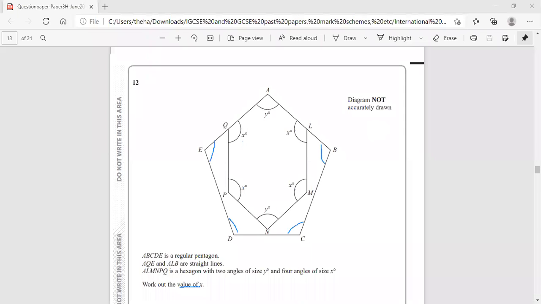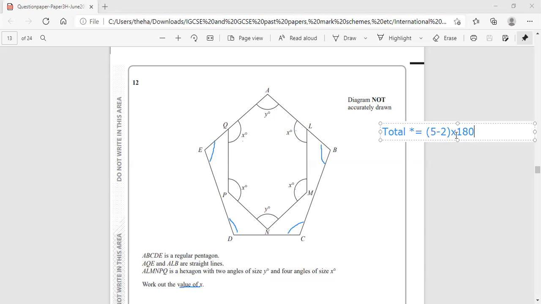So the total degrees in a shape equals the number of sides minus 2, so for the pentagon it's 5 minus 2. This is the equation that you need to know: total degrees equals number of sides minus 2, times 180.